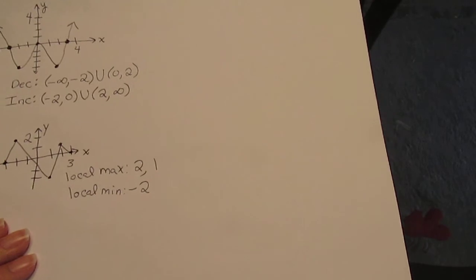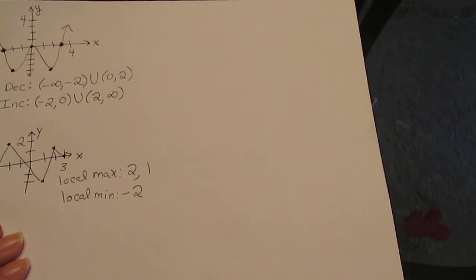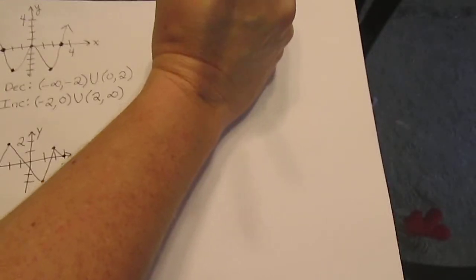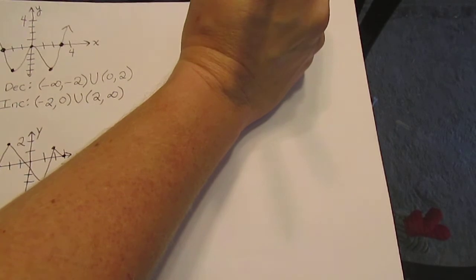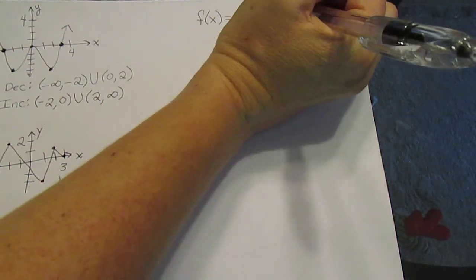Okay, and finally, the last thing in this section are piecewise defined functions. Let me just write out an example of one. f of x equals, and they've got 3 different choices for this one.